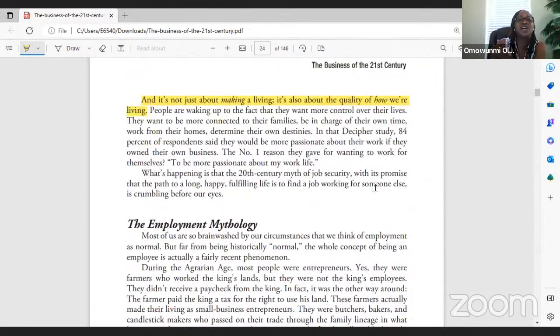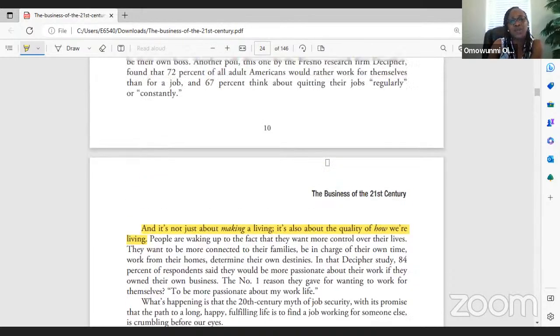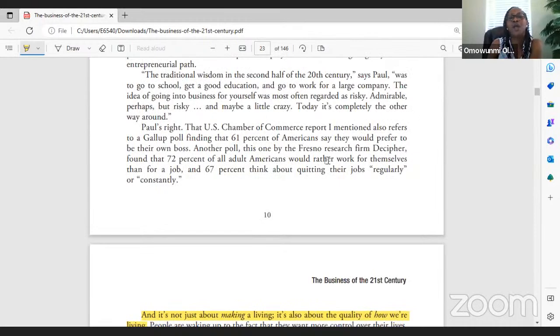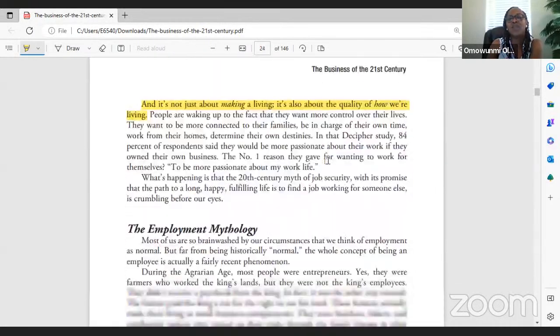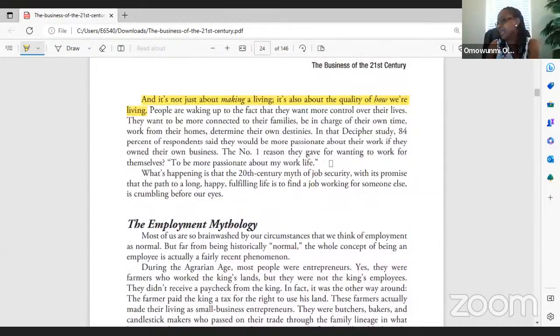So, it's not just about making a living. It's also about the quality of how we are living. This speaks to when you are the one making the money, working 24/7 for the job. They tell you when to come, they tell you when to go, how many days you can take off for vacation.